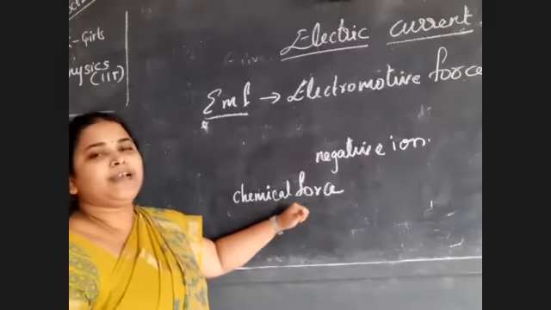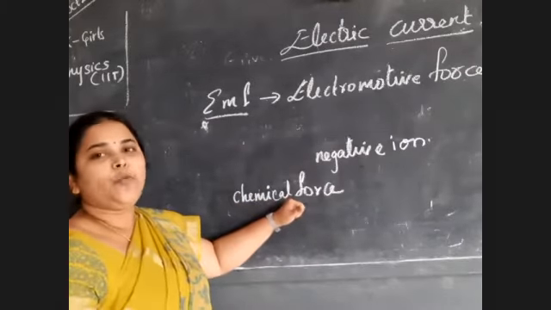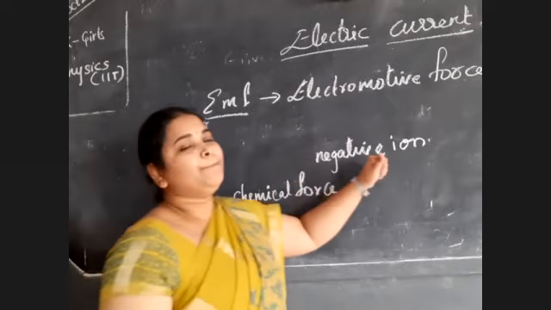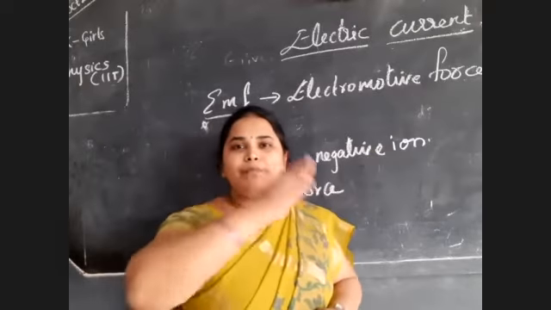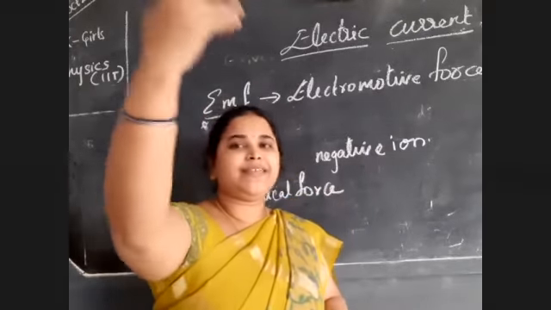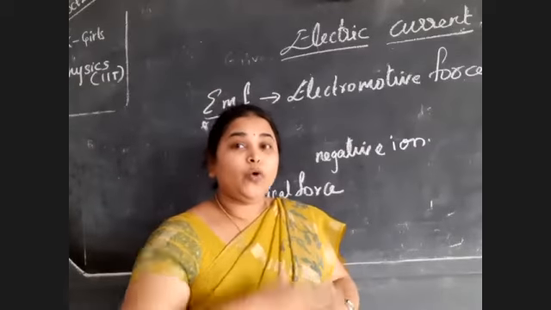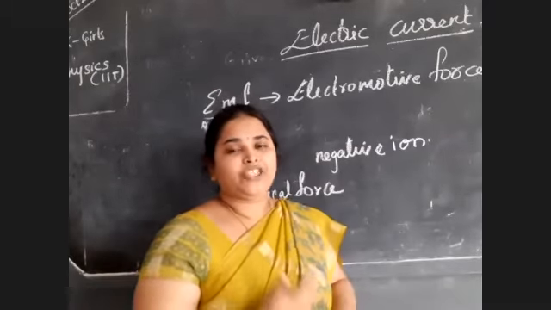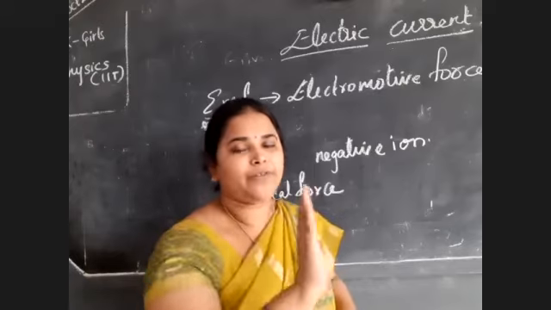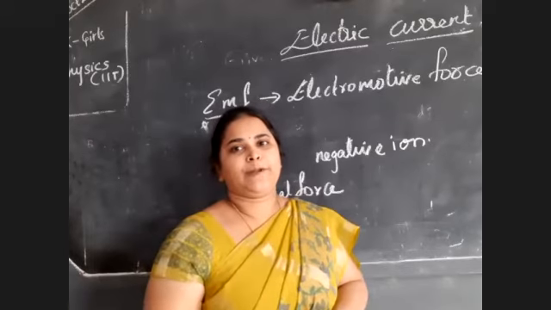Here also, we have to put some extra force. That is chemical force. The chemical force will move the negative ion from the positive terminal towards the negative terminal. Again they will repel, and to overcome that repulsion, we have to do some work and apply some force.